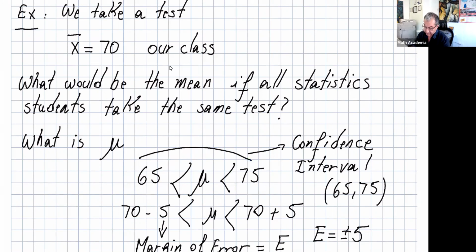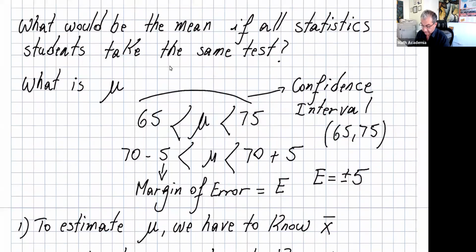Why did I say 65 and 75? Because I know the average of our class is 70, so it will be a number around 70. If I don't have this number, then I can say it's going to be a number between 0 and 100. So it's not very close.